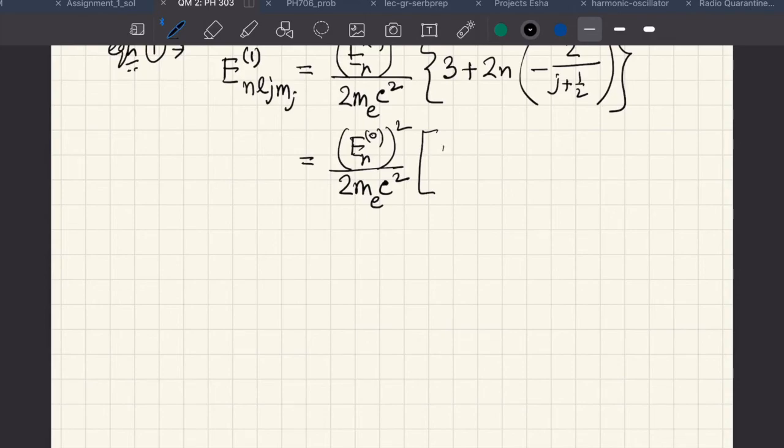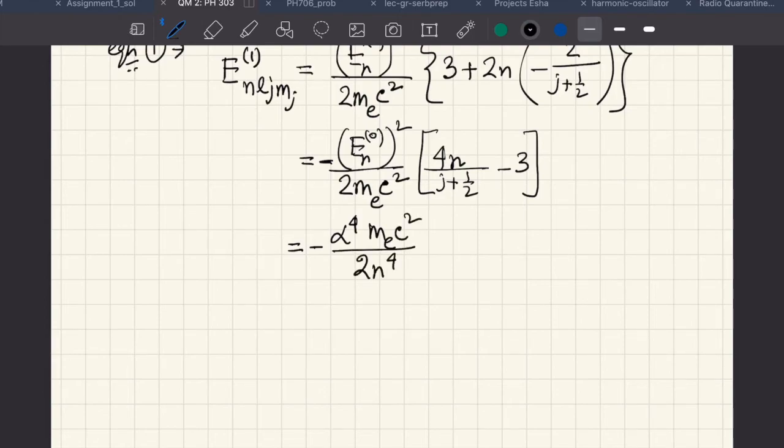Let me write it with a minus sign out, 4N divided by J plus half minus 3. And if I want to write it using alpha, then this is minus alpha to the power 4 MEC square divided by 2N to the power 4 and then N by J plus half minus 3 by 4.